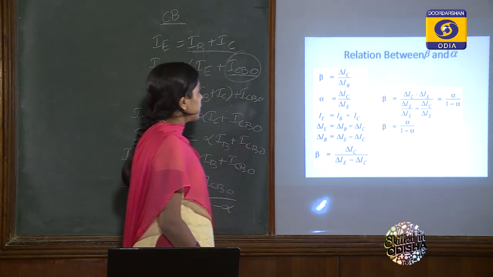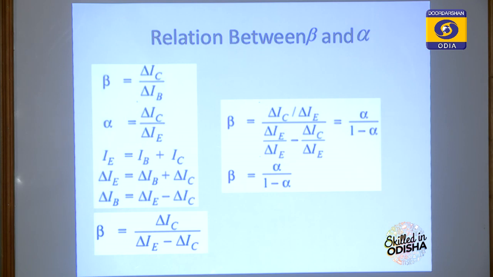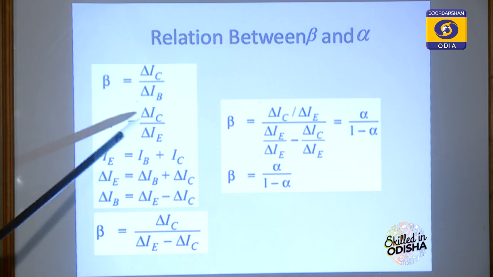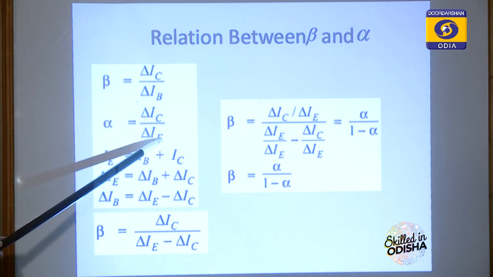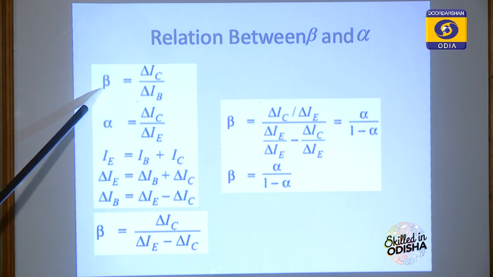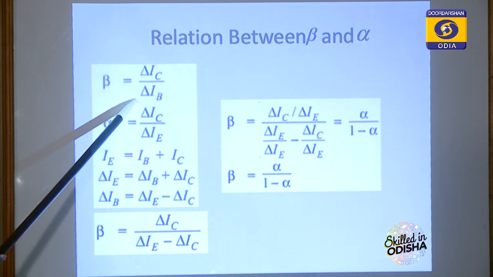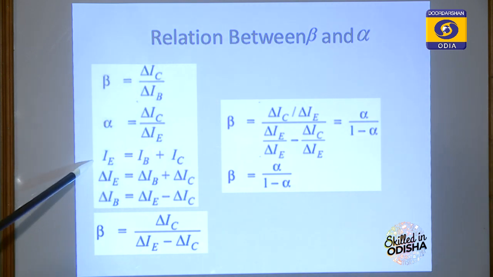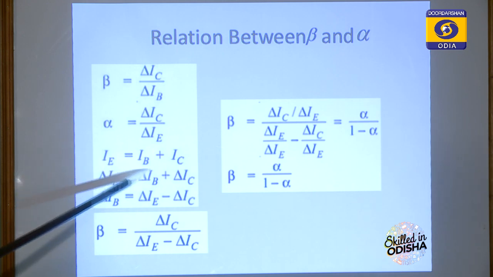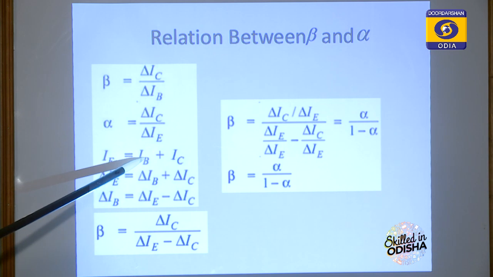Then the relationship between alpha and beta. As we know, this is the amplification factor for common base: alpha is equal to delta IC by delta IE. And for common emitter case, the current amplification factor is beta, that is equal to delta IC divided by delta IB. We also have to know that IE is equal to IB plus IC. This is the general notation of transistor.